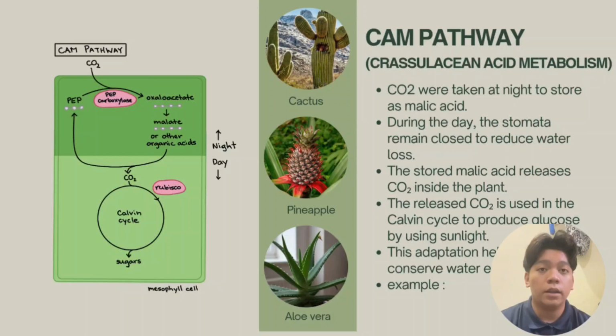The stored malic acid then releases carbon dioxide inside the plant for the Calvin cycle to produce glucose using sunlight. This adaptation helps plants to conserve water efficiently, especially in hot and dry environments. The examples of CAM plants are pineapple, aloe vera and cactus.